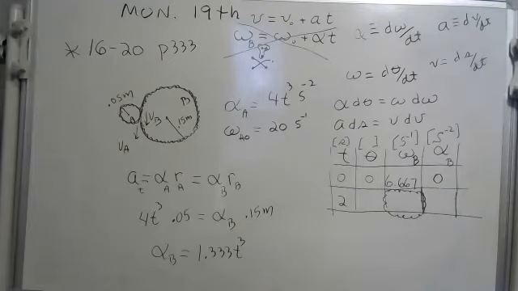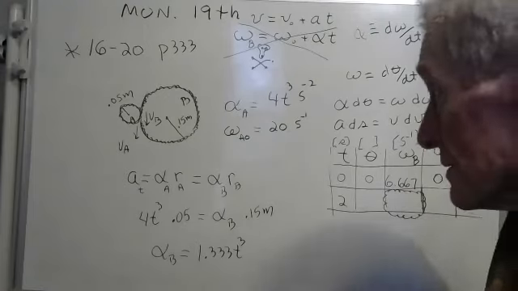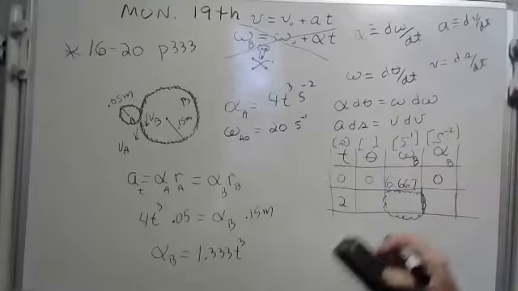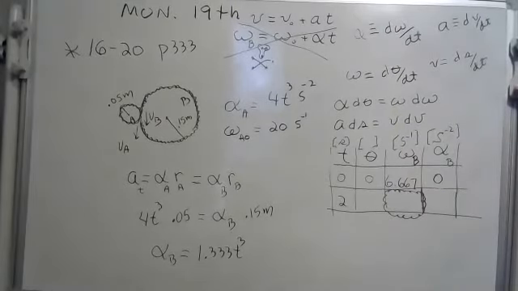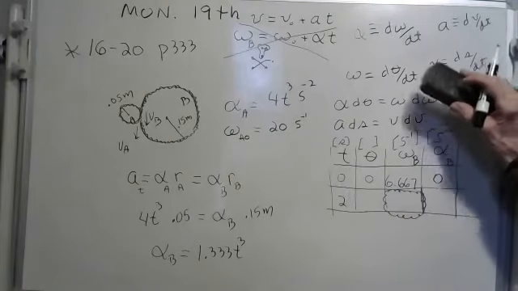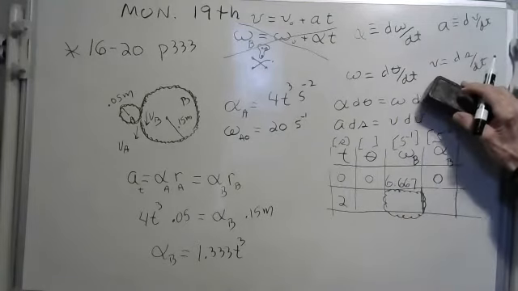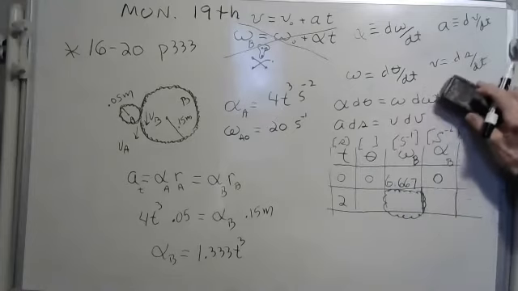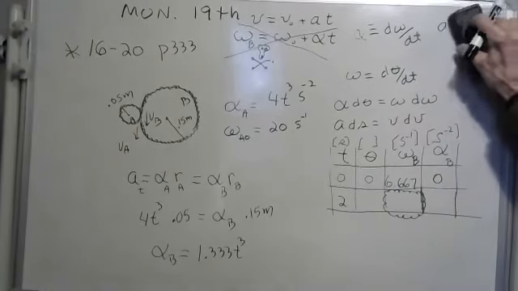Now what? Well, we need the angular velocity. That's what they're after, of B. Well, we have those three equations. Those three equations are right here. Yeah, here they are. We don't need these anymore.